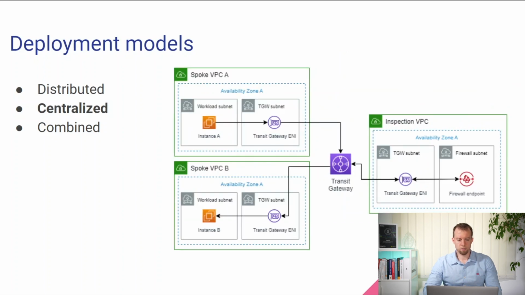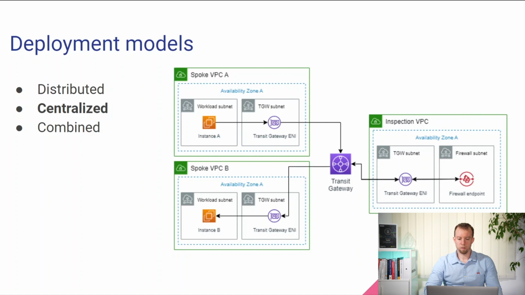We have the centralized deployment model. In this model, a transit gateway is required, which acts as a network hub that simplifies the connectivity between the VPCs. And also we have to create a dedicated inspection VPC where we deploy our network firewall.